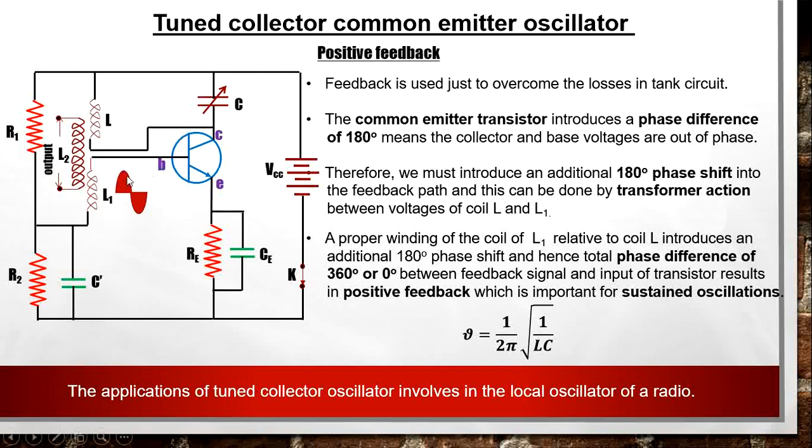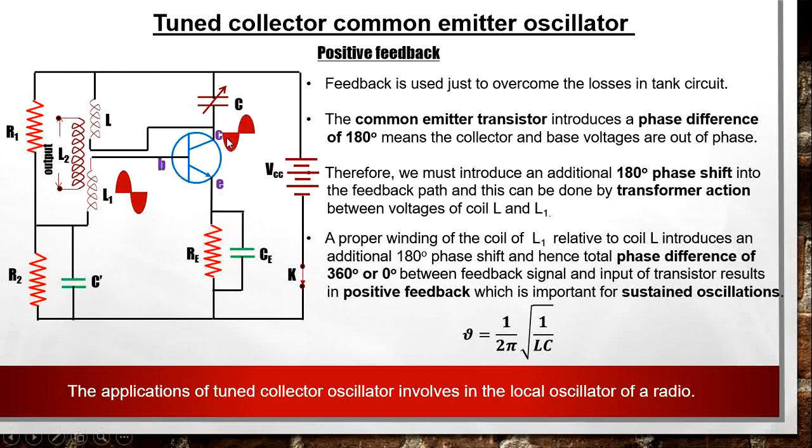Now we know that if at the base of the transistor there is a signal in this way, then this transistor is in common emitter amplifier form. So the voltage appearing on the collector will be 180 degrees out of phase from this base signal.